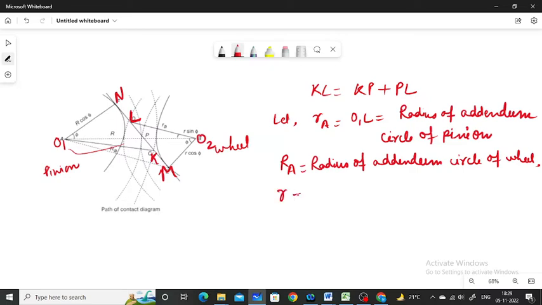Small r equal to O1P is the radius of the pitch circle of the pinion.